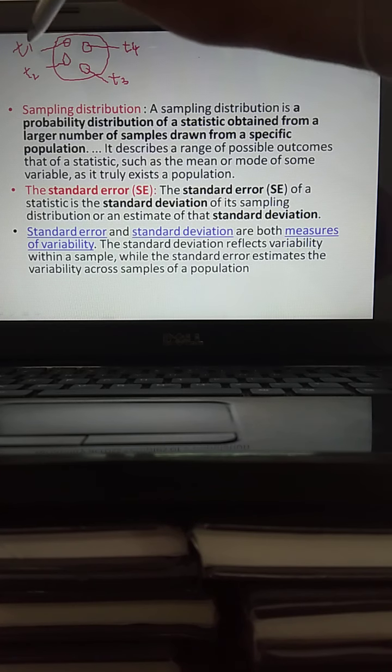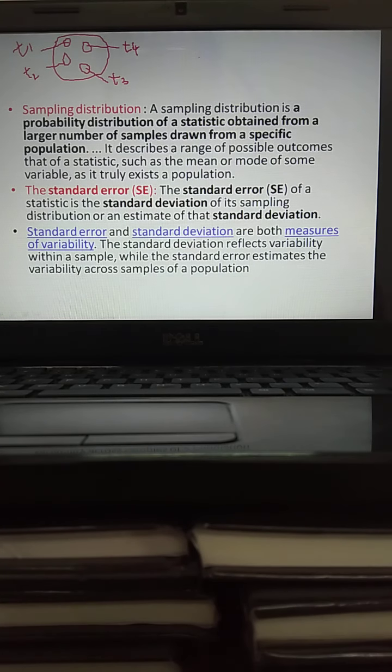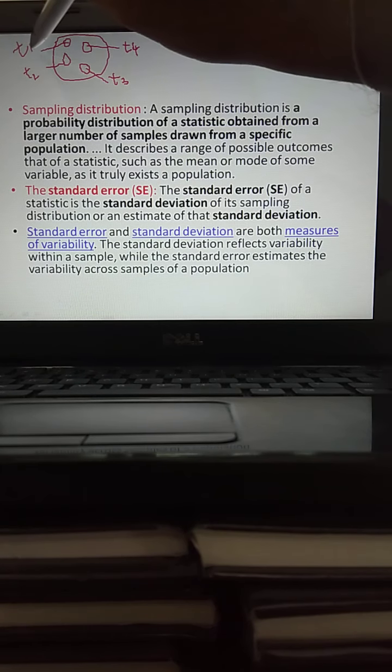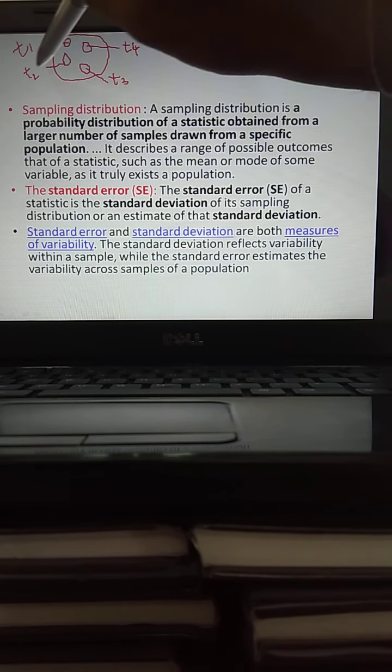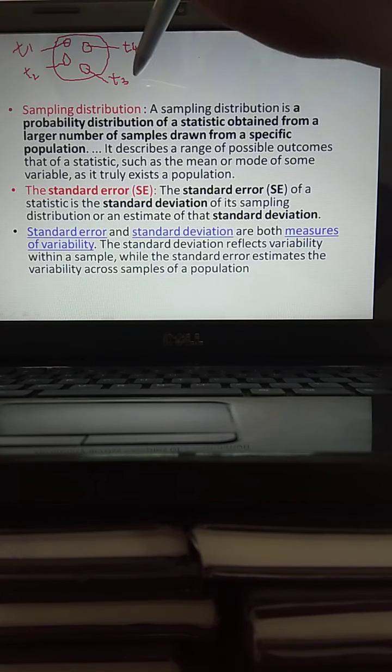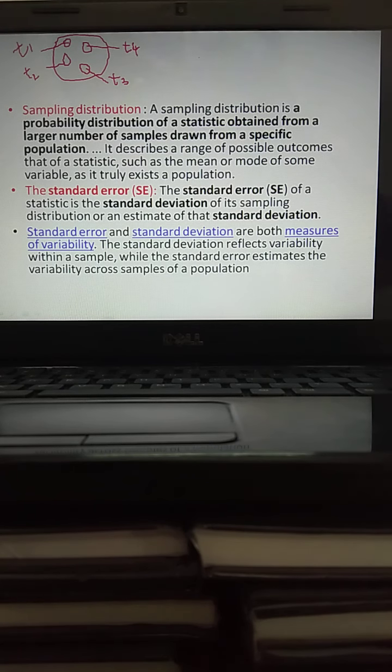So all these T1, T2, T3, T4 are, strictly speaking, statistics, because T1 represents this sample, T2 represents this sample, T3 represents this sample, and T4 represents this sample.